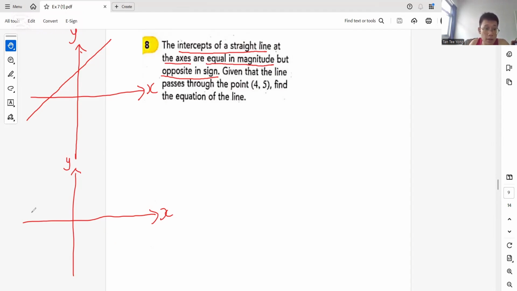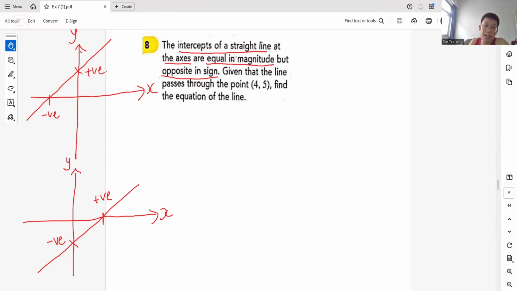It could be either this or, no, wait. Positive, negative, something like that. Okay. So this is positive, positive. This is negative. Okay, this is negative. This is positive. Okay, that's basically what they mean.